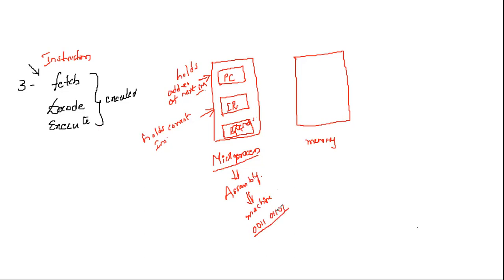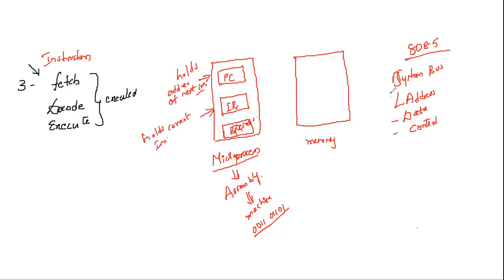When we talk about the 8085 microprocessor, we have the system bus, right? What is the system bus? The system bus consists of the address bus, the data bus, and the control bus.